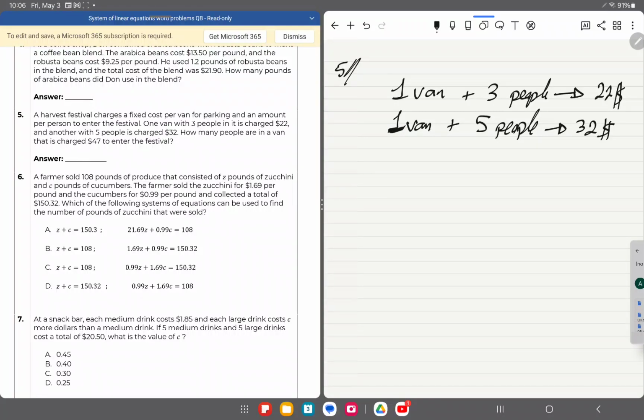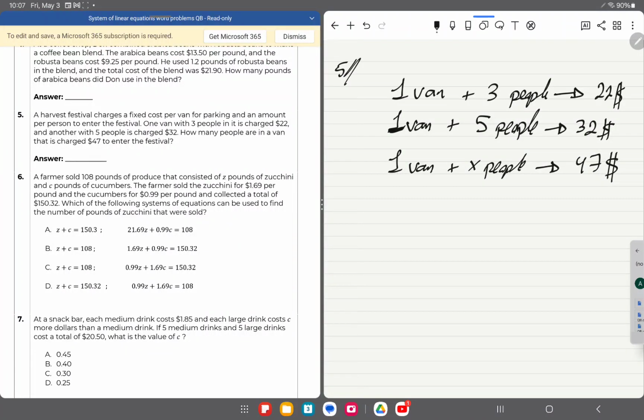Now there might be discounts for people, like if you bring more people you would get more discounts, but that's not what we're worried about. We're worried about how much is the fixed price per van. How many people are in a van that is charged $47?